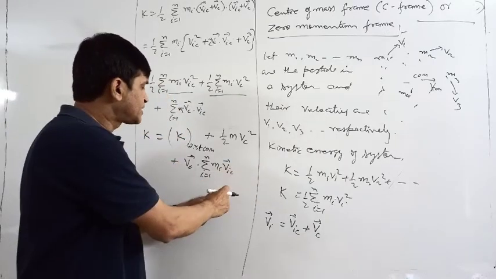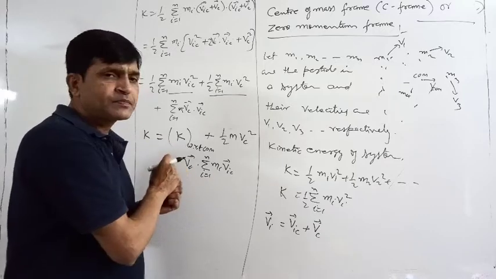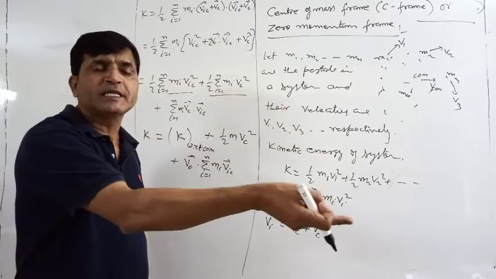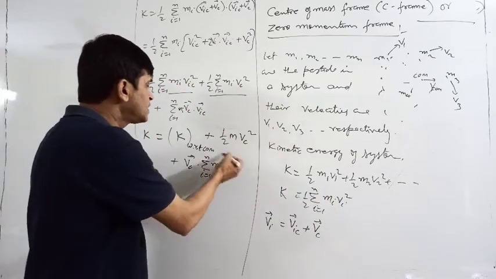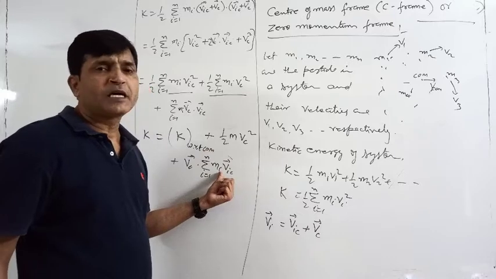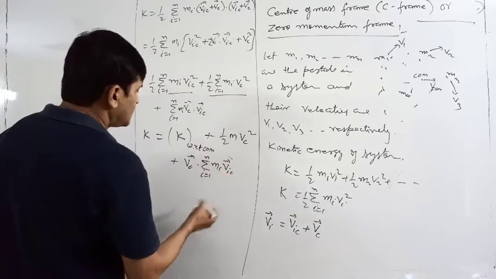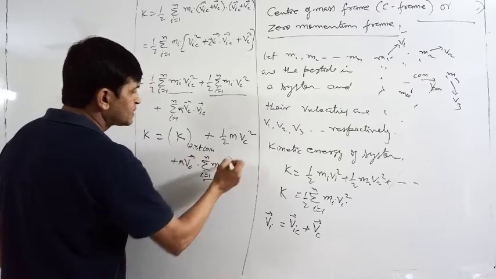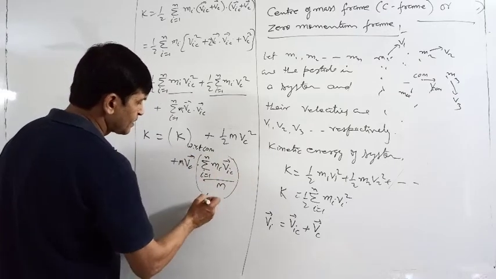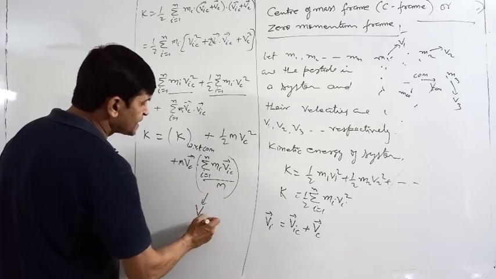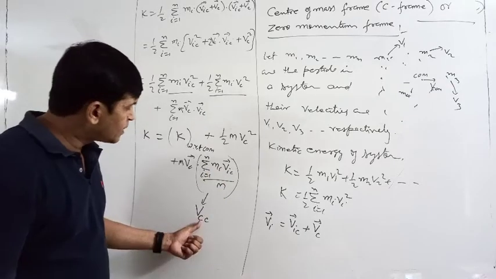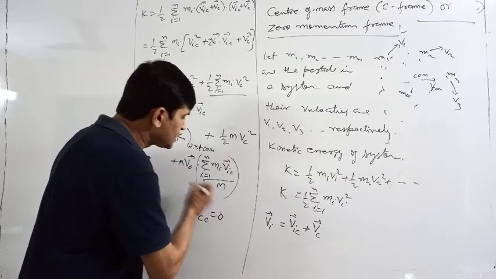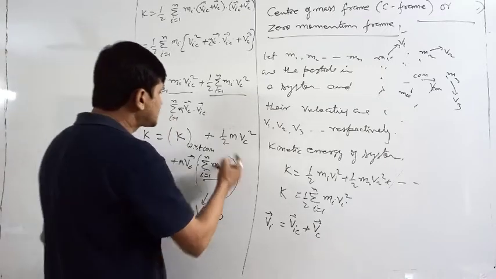And if I multiply by the total mass M and also divide by M, this becomes the velocity of center of mass with respect to center of mass. The velocity of center of mass with respect to center of mass is equal to 0. If it is 0, this term will be 0.